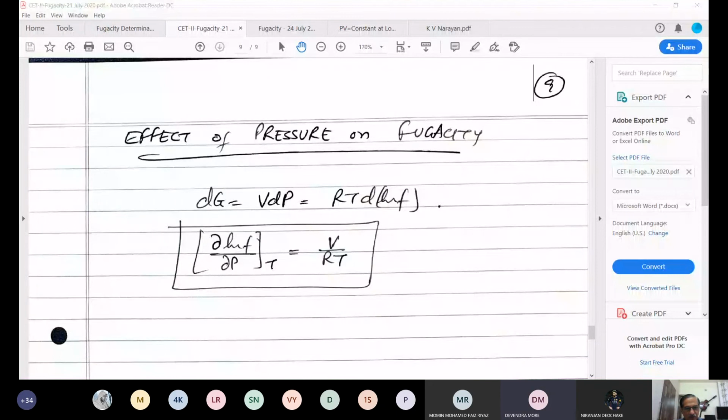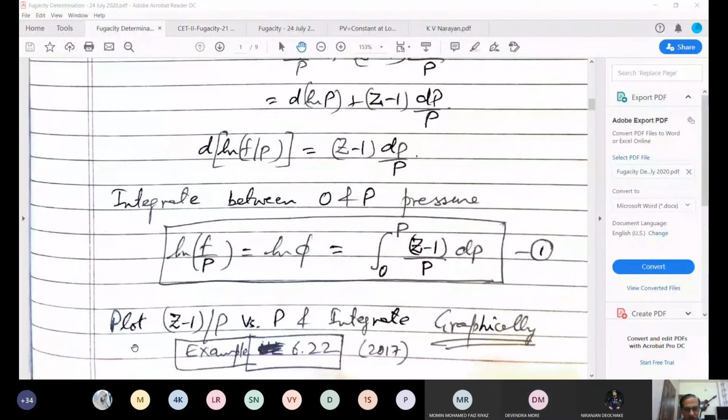Okay sir. So I'll find out the value of a, and then we'll calculate p plus a by v squared and see if it comes close to the fugacity value which you have calculated.